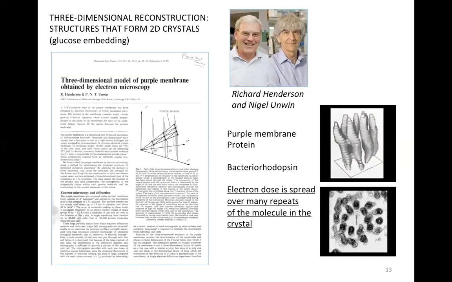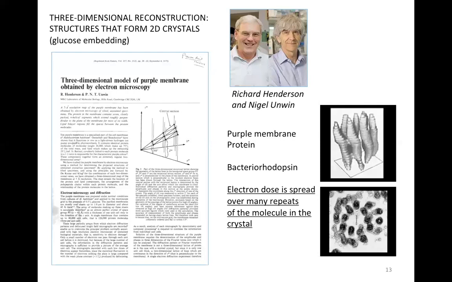And here's another example, a planar two-dimensional ordering of molecules. This was the work of Richard Henderson and Nigel Unwin in 1975, and it was a milestone in electron microscopy. They were the first to get really high resolution, 7 angstroms, for the 7-helix bundle of bacteriorhodopsin.